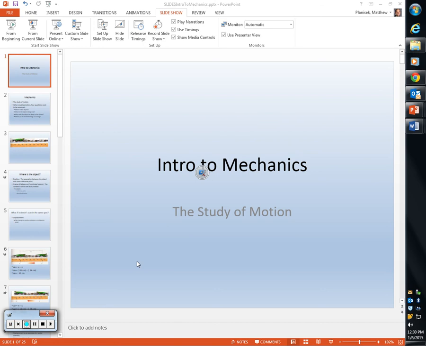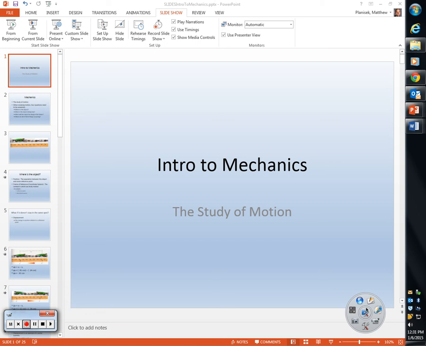So, yesterday, we started in on our discussion about mechanics, and like the subtitle here on the screen says, mechanics deals with the study of motion. And we talked about describing the motion of an object requires that we answer 4 questions. And yesterday we started in on the first question, right?